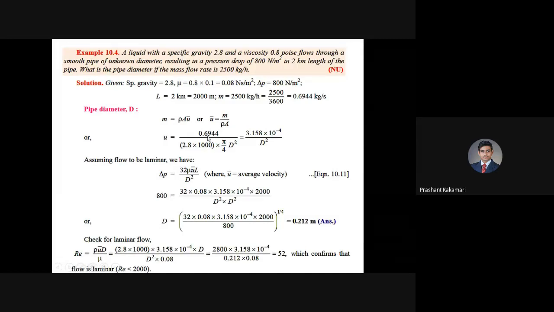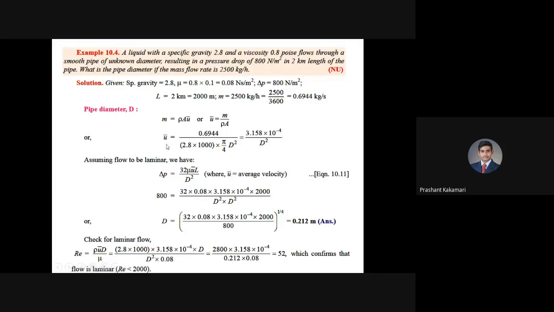So you can just substitute these values. Mass flow rate is 0.6944. Then the density of the given liquid, from the specific gravity one can find, 2.8 into 1000, into the area of the pipe, π by 4 d square. Is that clear? Now this is the relation, because here the diameter we cannot directly find, as we don't even know the average velocity.